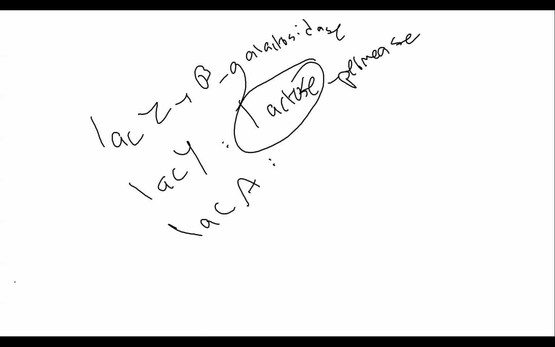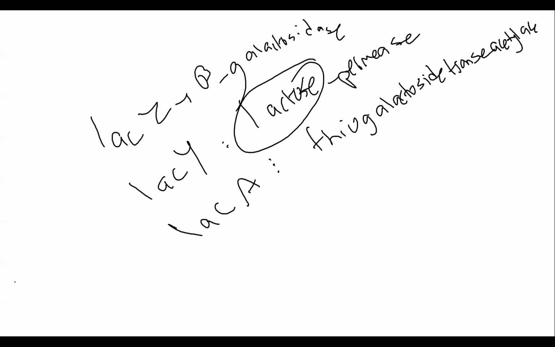And the lacA encodes for thiogalactoside transacetylase. This detoxifies byproducts of lactose metabolism. We have the lacI, which encodes the lac repressor protein, which binds to the operator region and inhibits the transcription of the lac operon in the absence of lactose.